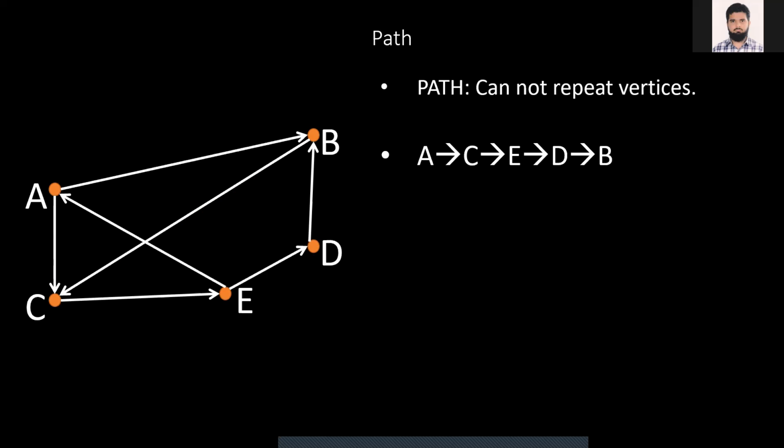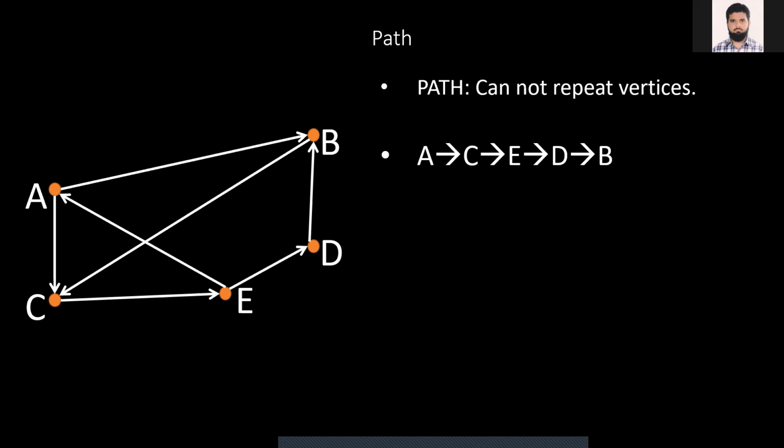A path cannot repeat a vertex. I'm sorry, here you cannot repeat an edge either, because if you repeat an edge, you will definitely have to repeat a vertex.